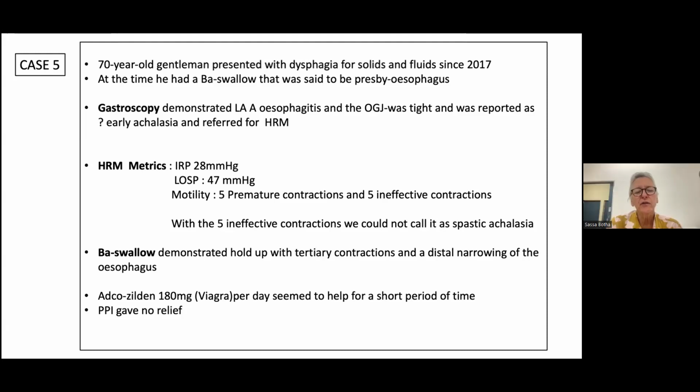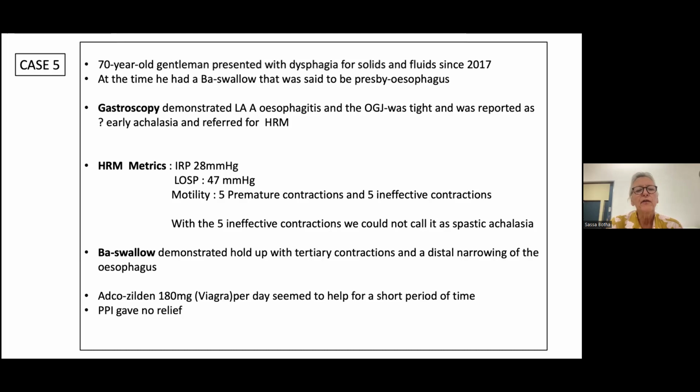So when you take your first history, you look at those 4, and according to whether it's occasionally, every day, or with every meal, you score it from 1 to 3. And if your Eckert score is more than 3, then that points to achalasia.